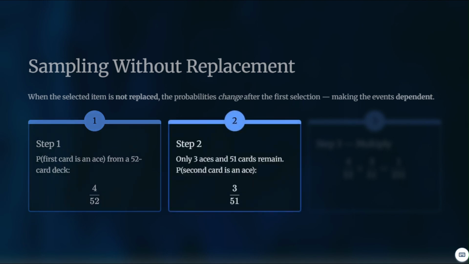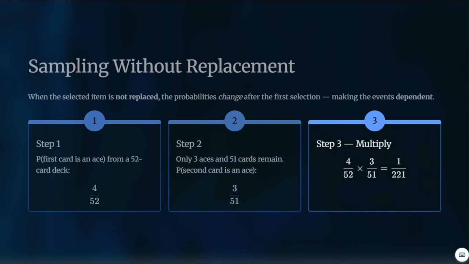Now, when we're drawing the second card, only 3 aces remain and 51 cards remain. So the probability that the second card is an ace as well will be 3 over 51. Now, when we multiply the two probabilities, 4 over 52 times 3 over 51, that simplifies to 1 over 221. And that would be the probability of selecting 2 aces from a deck of 52 cards.